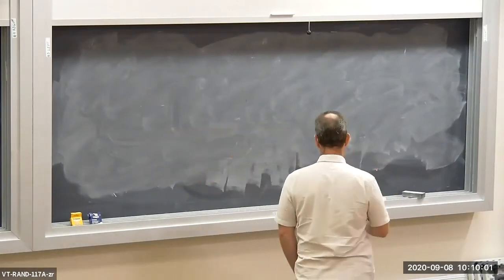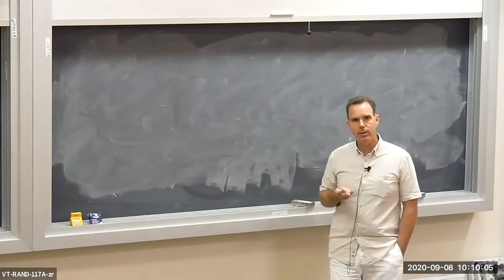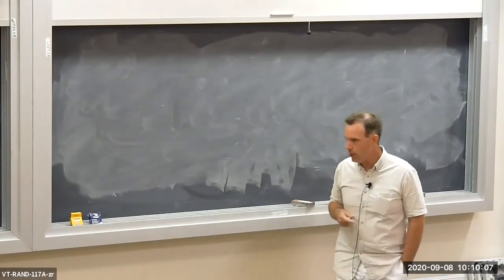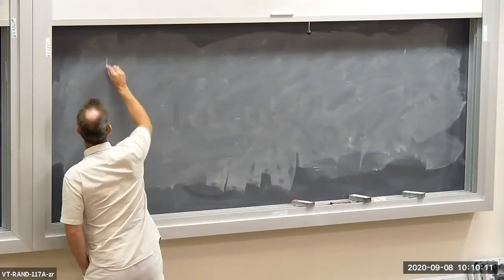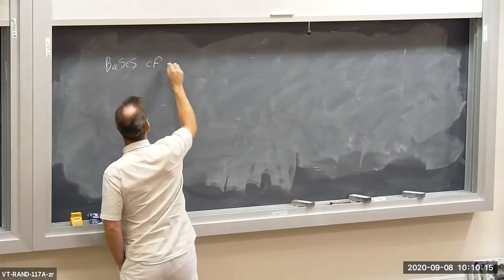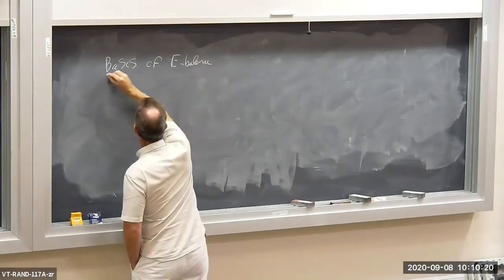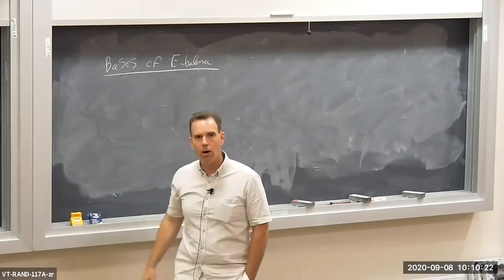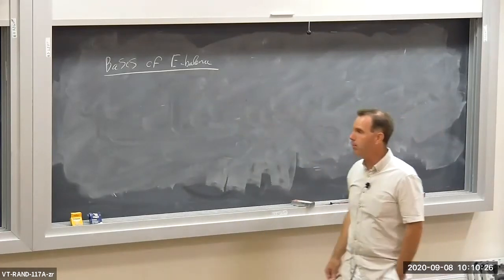We had an infinitesimal process, so we had del Q. We had a rate base, which is del Q over dt. There are many ways to write the energy balance. So, bases of E balance. There are a lot of different ways to write the energy balance, and depending on the problem you're working on, one may be more applicable than the others.